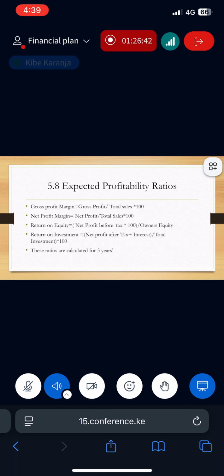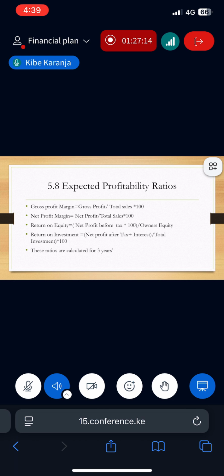Then we are just about to finish. We have the expected profitability ratios. If you'd want to know how a business is performing, we usually do this using what we call ratio analysis.